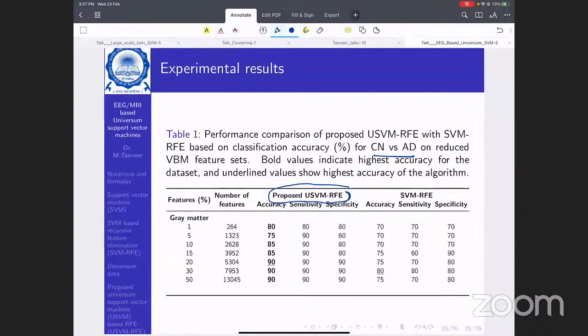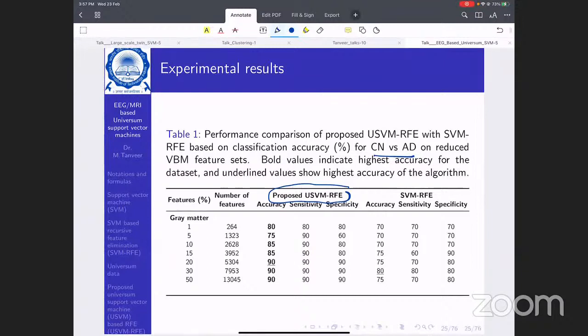Why is this a simpler class? If a person has AD, if you remember about Alzheimer's disease, we come to know about this disease after 60 or 65 years, when the disease is at an advanced stage, and this disease is not curable today.